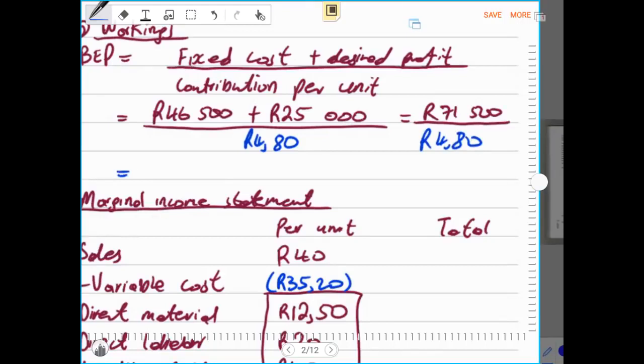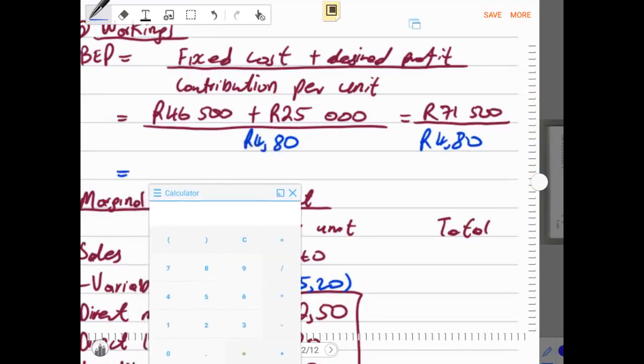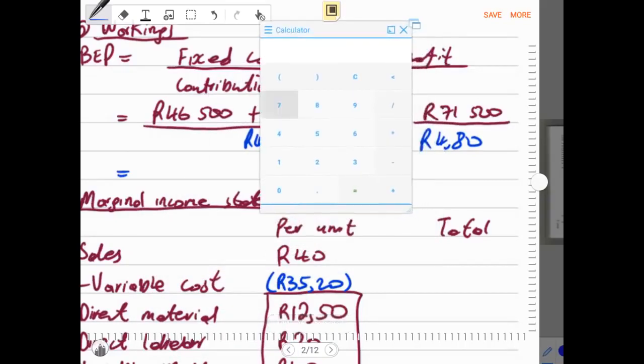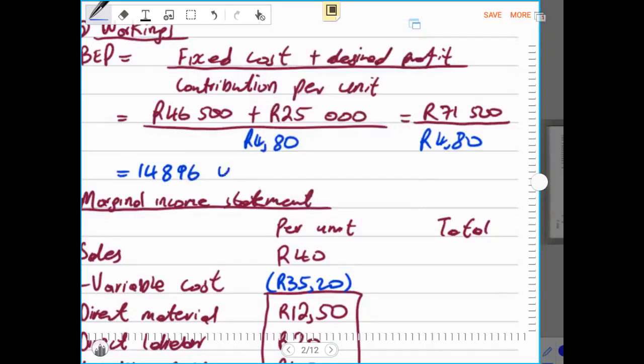Therefore, now the number of units that must be sold in order to get to the desired profit, or the desired return on the investment, will be 71,500 divided by 4 rand 80 cents. Then this will give us 14,896 units.